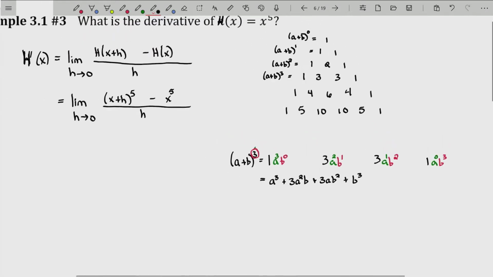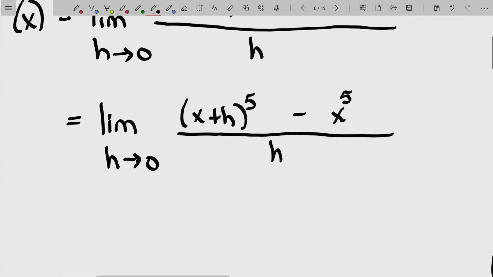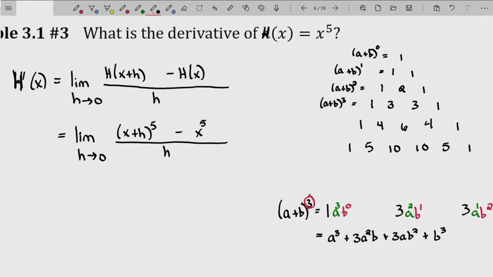So, that being said, how does that relate to what we're dealing with? I have an x plus h to the 5th. So a couple more rows down along Pascal's triangle here. It doesn't take me long to just chicken scratch out Pascal's triangle, to be very honest with you. And so I'll just follow the pattern for Pascal's and multiply this out.